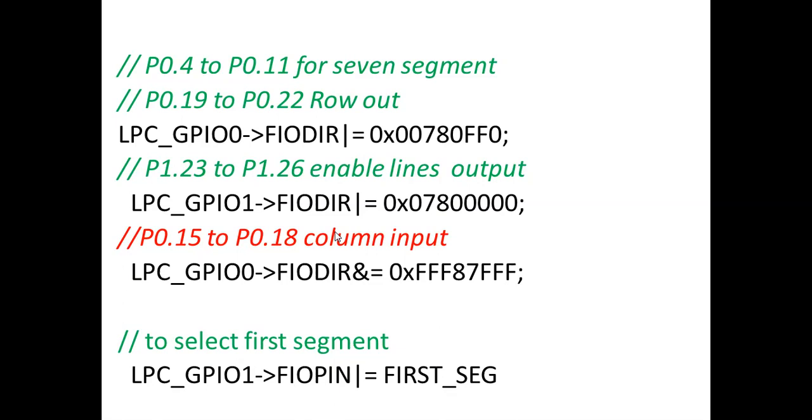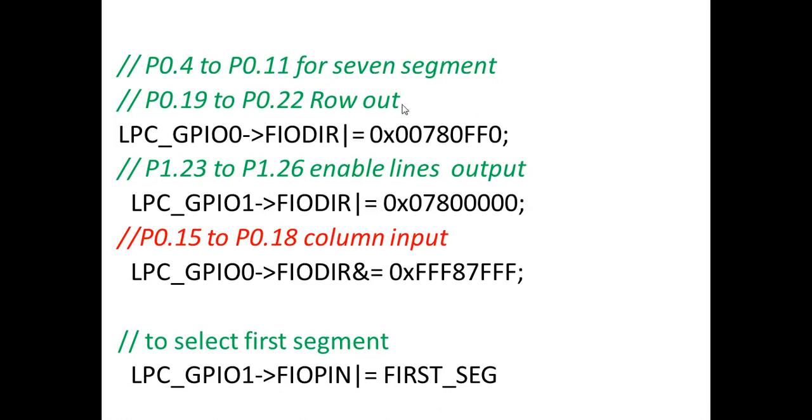So now the next section is to set the direction of those pins. Pin 4 to pin 11 for the 7 segment, and pin 19 to pin 22 for the rows; those row lines should be output lines. Therefore, the corresponding positions of the FIO direction register should be made 1, and the remaining positions should be considered 0.